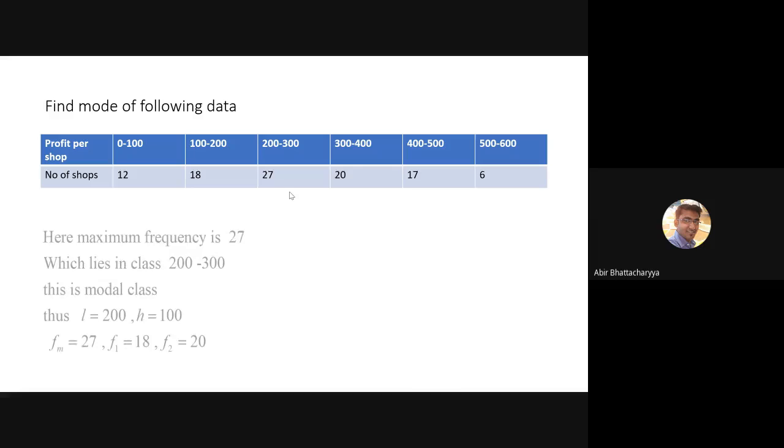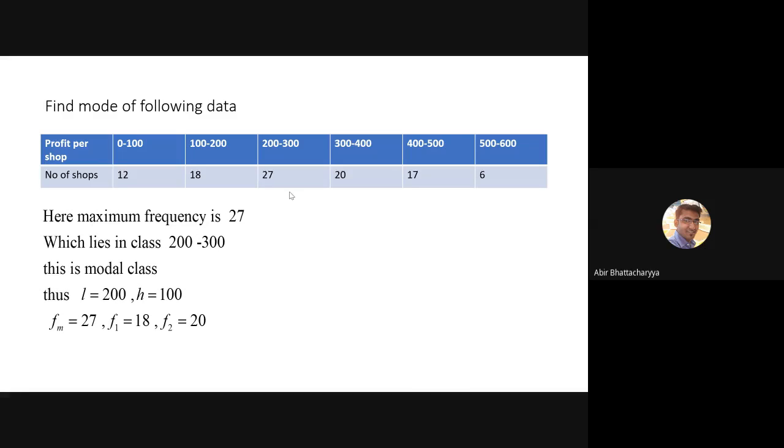Now we go for the maximum frequency. This is the frequency, and this is the class interval. The maximum frequency is 27, and this class is known as the modal class.